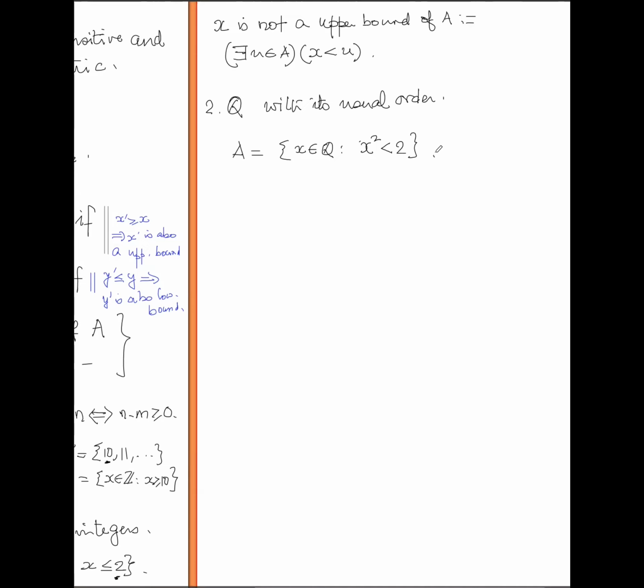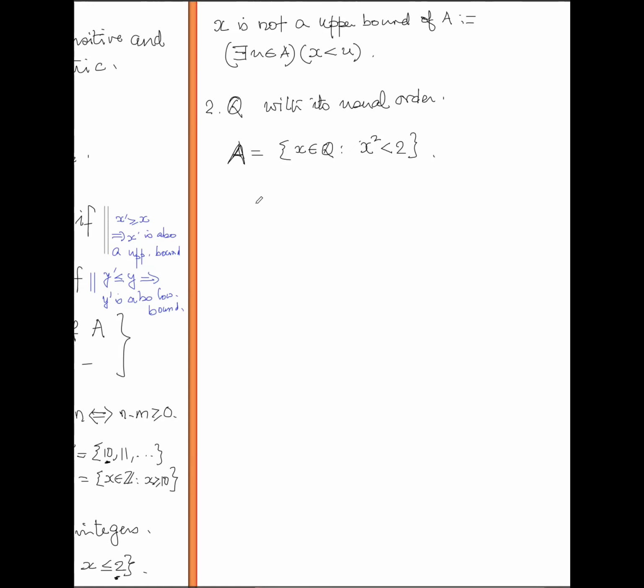Is this set empty? No. Why? Can you give me an element? A quarter. Yes, obviously a quarter is there. A simpler one is 0 itself. One would also be there, wouldn't it?